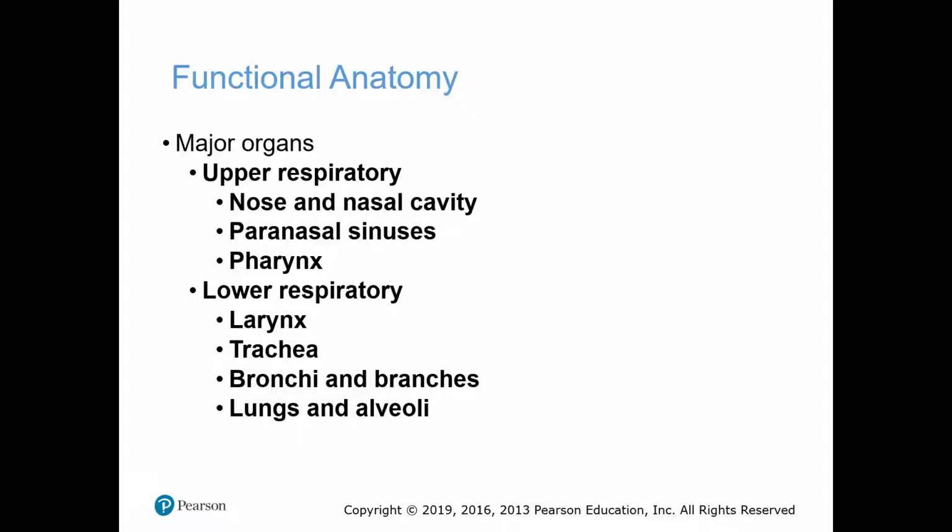So, lower respiratory system, the larynx. It is what we refer to as our voice box. It is actually where the digestive system and the respiratory system divide, where we send food down the esophagus and air down towards the trachea. The trachea is a ridged tube that extends down to the lungs.